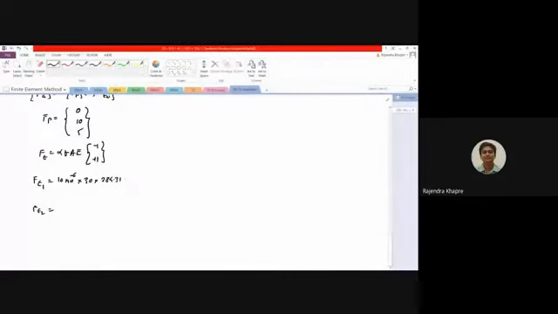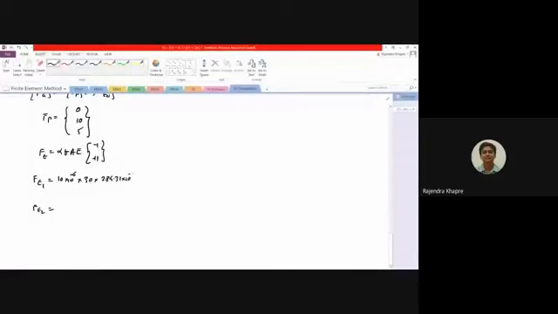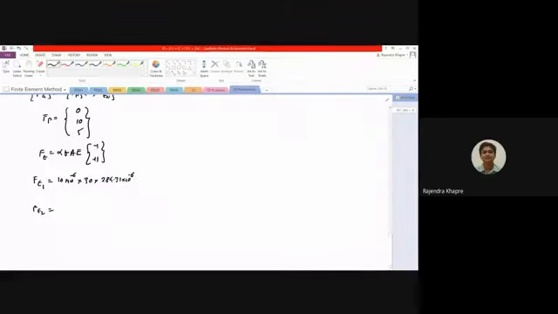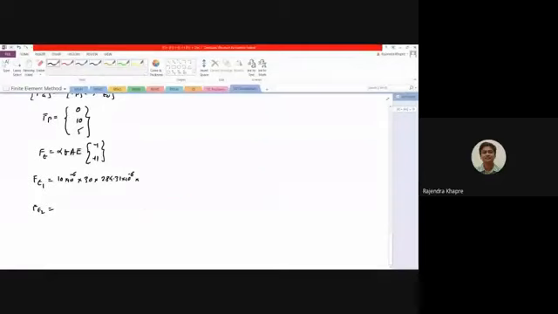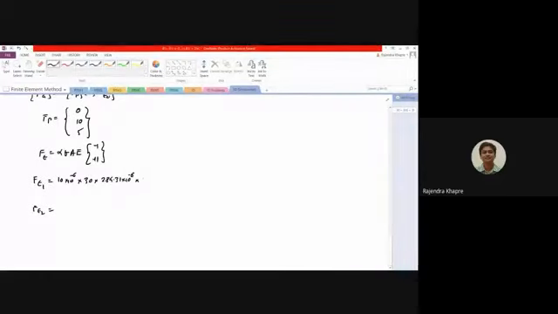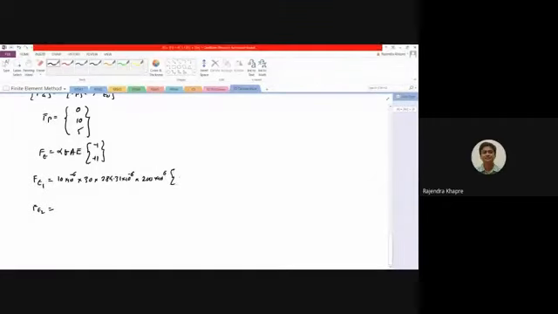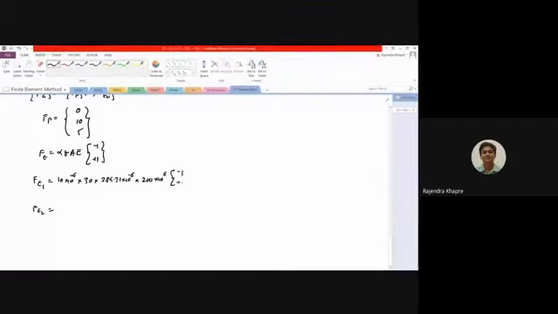This was in millimeter square, so I am going for 10 to the power minus 6 so that it becomes meter square. Multiplied by the modulus of elasticity, which is already given to you, 200 into 10 to the power 6. So this will be minus 1 and this will be plus 1.